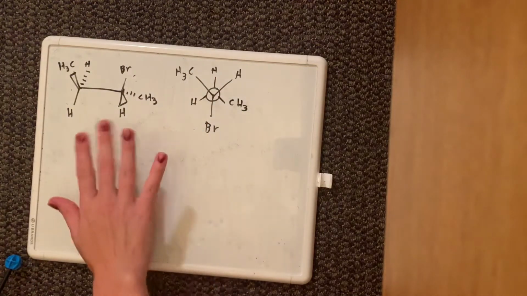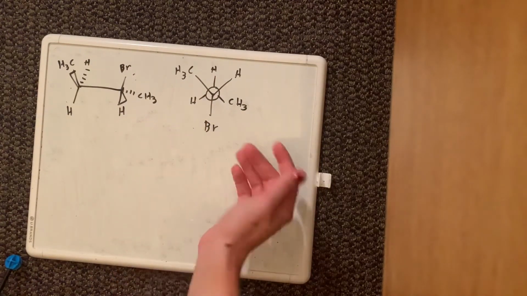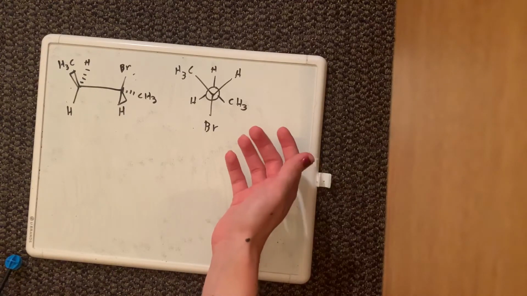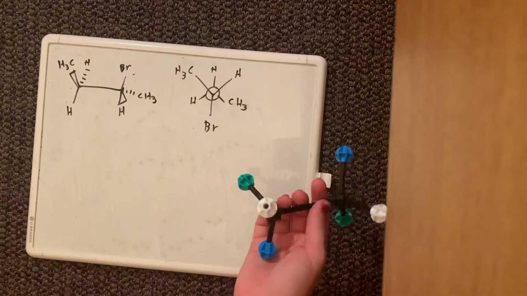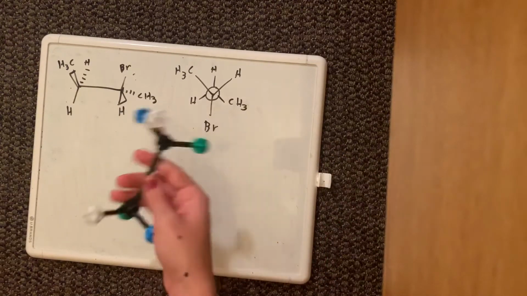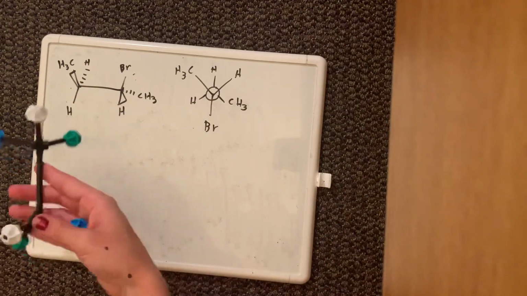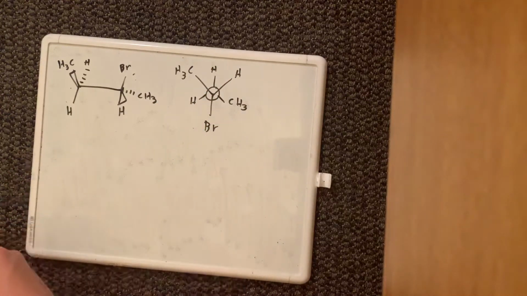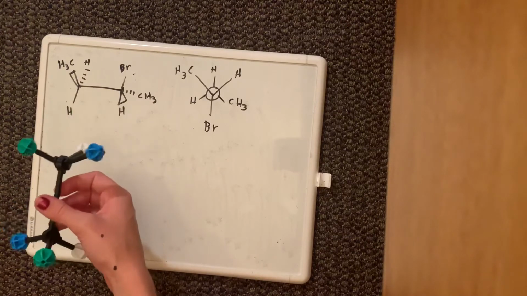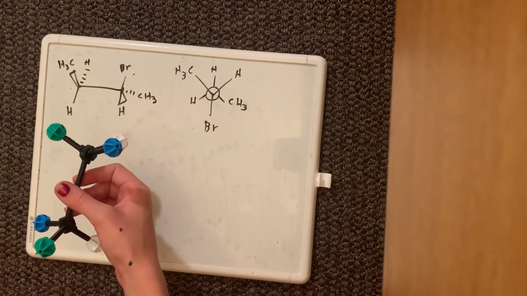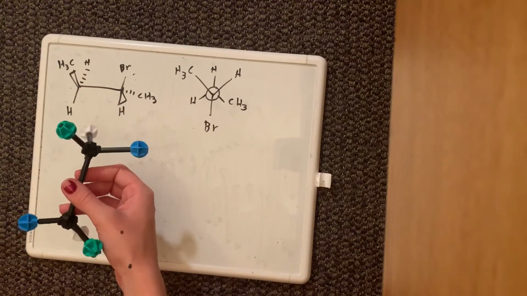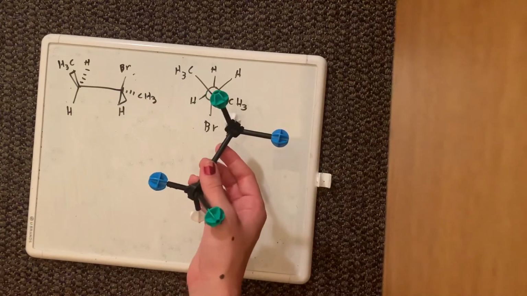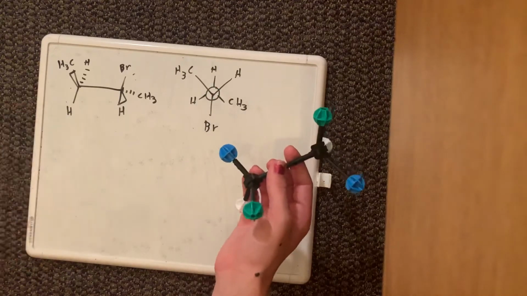Okay, so these are our two molecules, and looking at it, we're like, what? But to help, we can turn one of them. We can turn this into a Newman projection. We can turn this into a wedge dash structure. Since we've already had practice doing wedge to Newman, or Newman to wedge, let's do wedge to Newman.